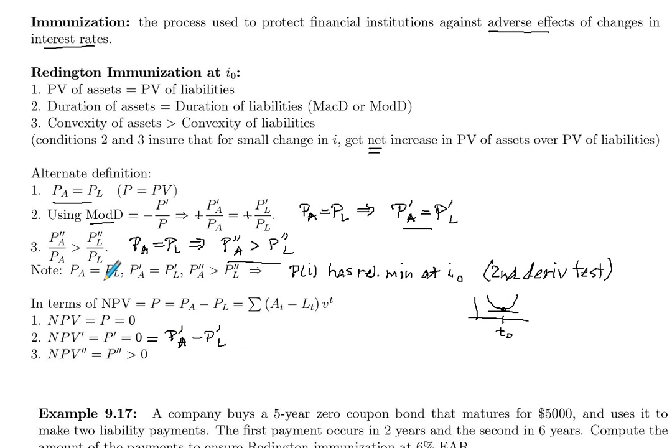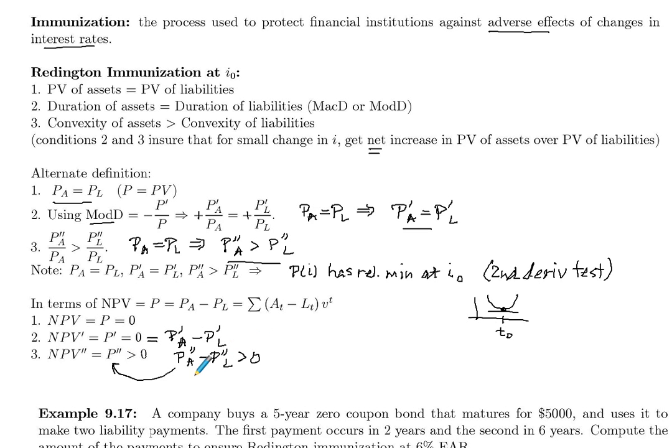And then this third condition here, to say that P double prime of A is greater than P double prime of L, well, if we take the second derivative of P, where P is the net present value, then we just take the second derivative of the first term, P double prime at A, minus the second derivative of the second term, P double prime at L, and since P double prime at A is greater than P double prime at L, this is greater than 0, but that is actually equal to this guy, or this one.